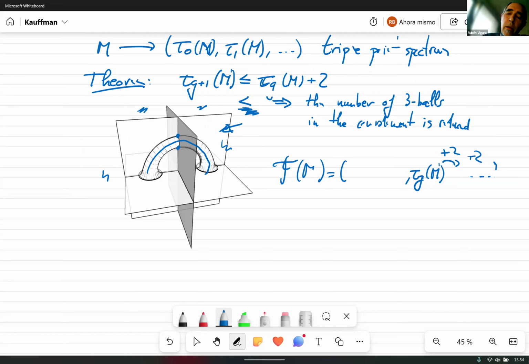We have proved that we have found the simplest triple point spectrums.